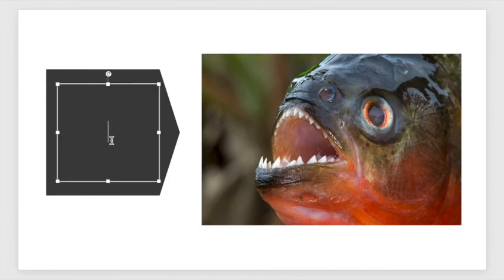Again, this is a fish, but does anyone know the type of fish it is with its sharp, pointy teeth that lives in the Amazon River? It's a piranha. P-I-R-A-N-H-A. A piranha.